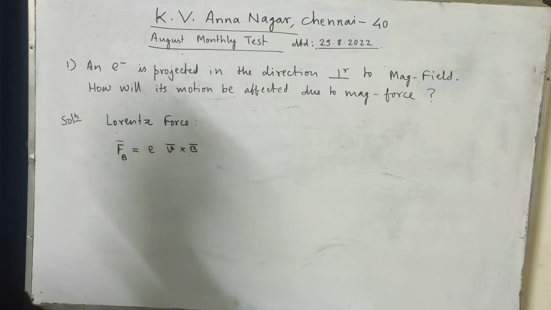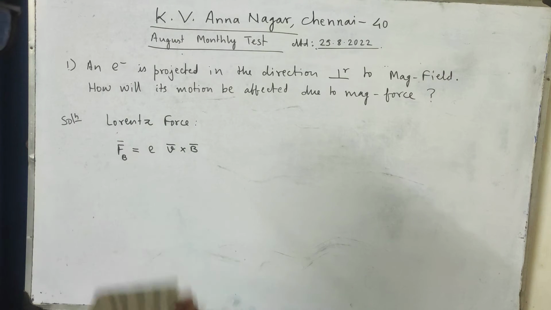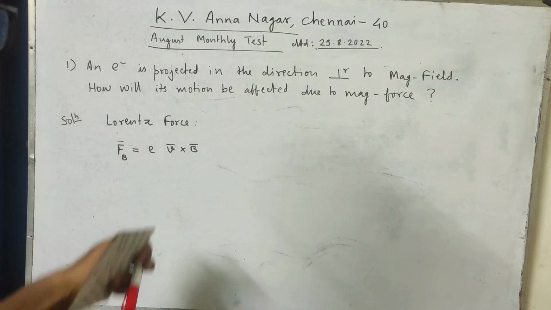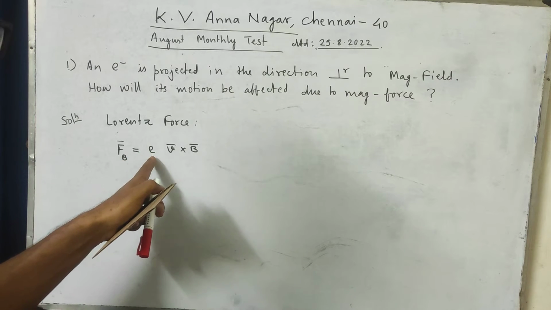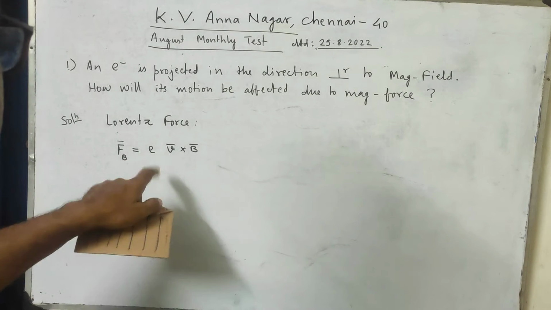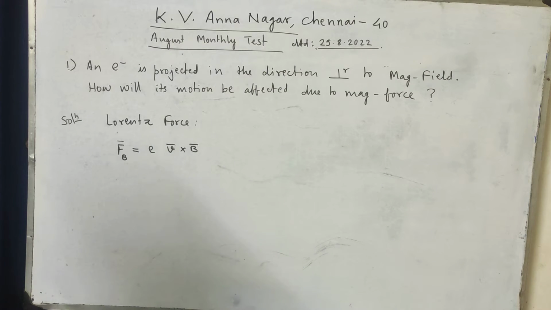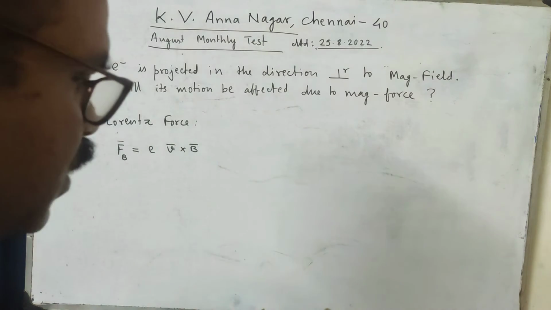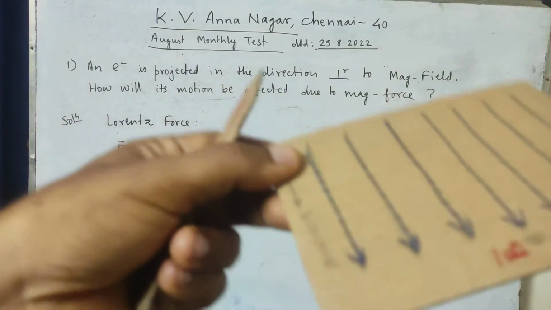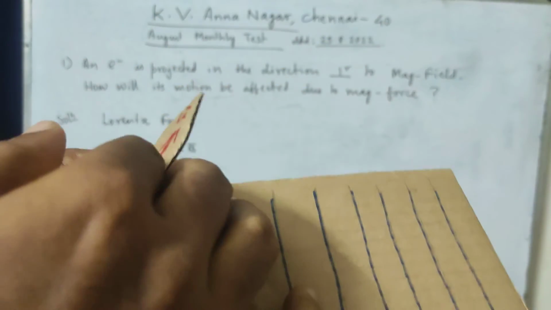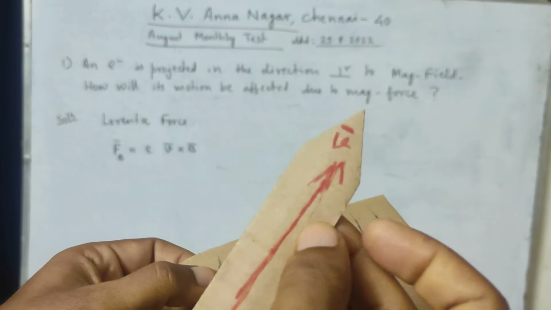This force is acting on a positive charge. If it is a positive charge, how will the direction be? See, this is your B and this is your velocity.